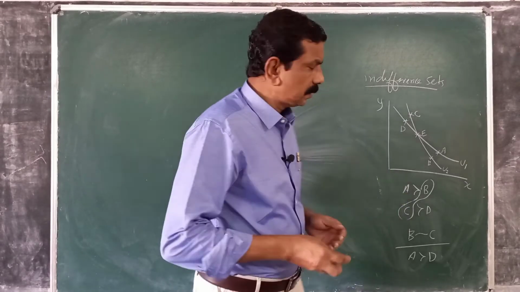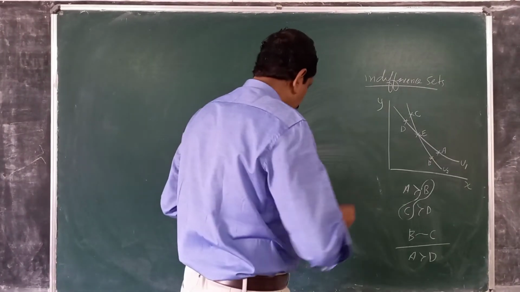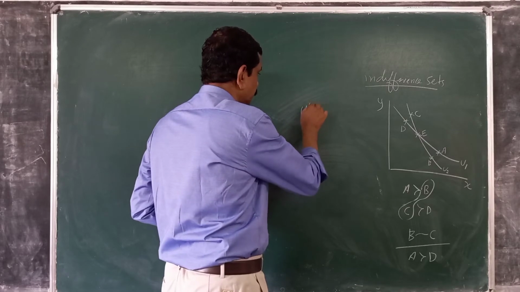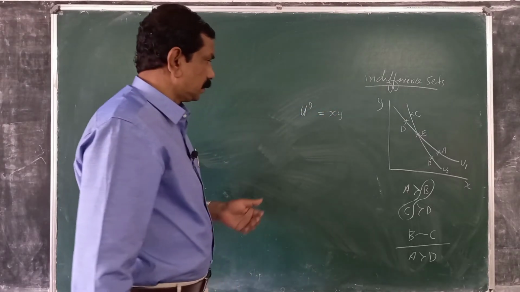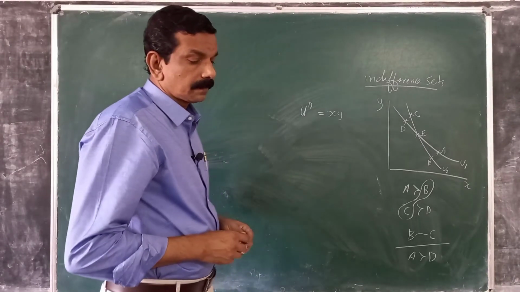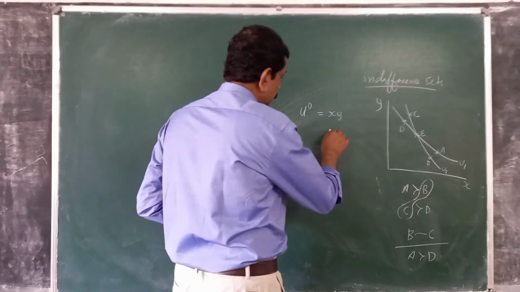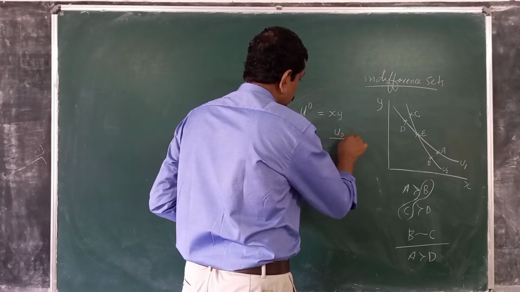Now let us consider how we draw an indifference curve. Suppose that an indifference curve is represented by u0 equals x times y, and suppose u0 is 12.